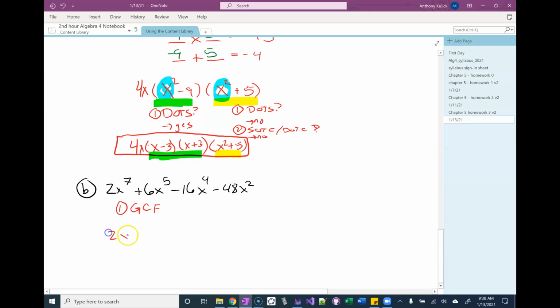Each of the coefficients, 2, 6, 16, and 48, are all divisible by 2. And each term has a variable. The smallest of those degrees is x squared. So when we take that out, I have x to the 5th plus 3x cubed minus 8x squared minus 24.